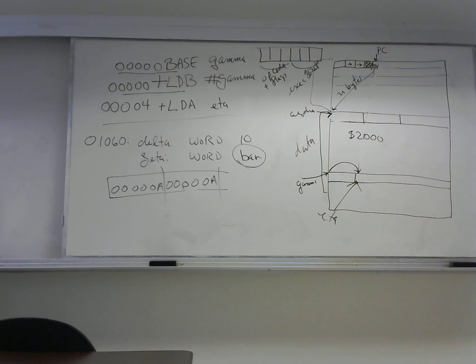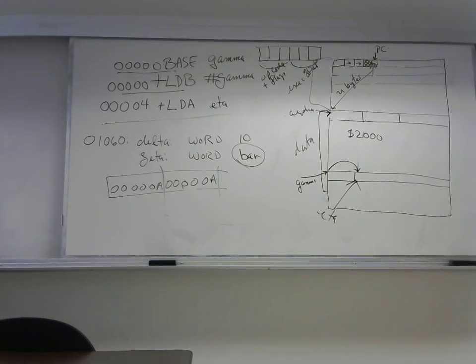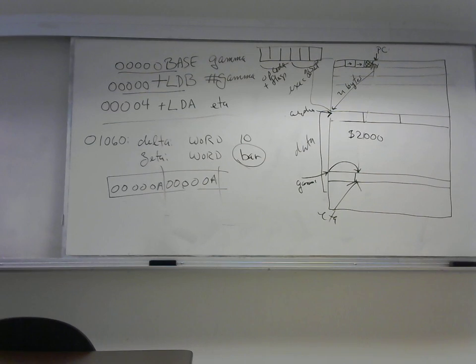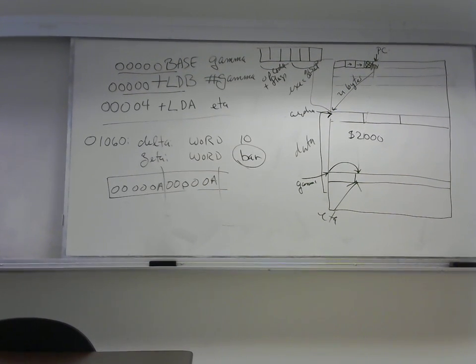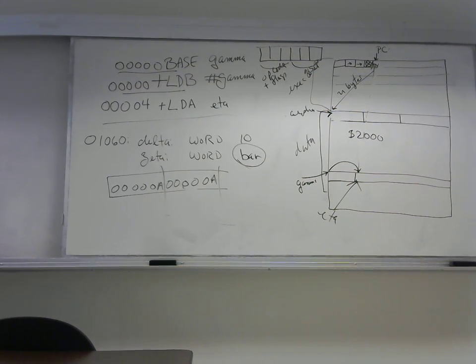Okay, those are the same thing. What the assembler does is it will take this and replace it with this. This is the value of foo. So then both instructions say go to address 00106 and read the word in memory found there and put it in the A register.